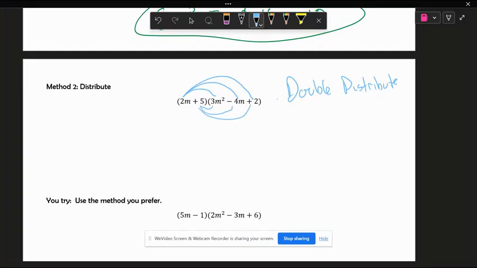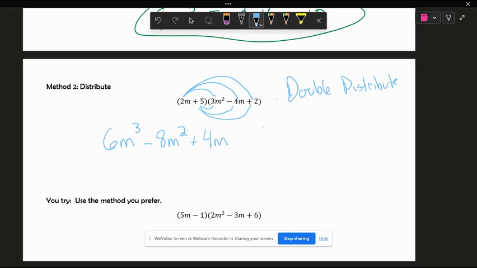And that's exactly what we just did in the one above, but we didn't write it like that. So 2m times 3m squared is 6m cubed. 2m times negative 4m is negative 8m squared. And 2m times 2 is a positive 4m.